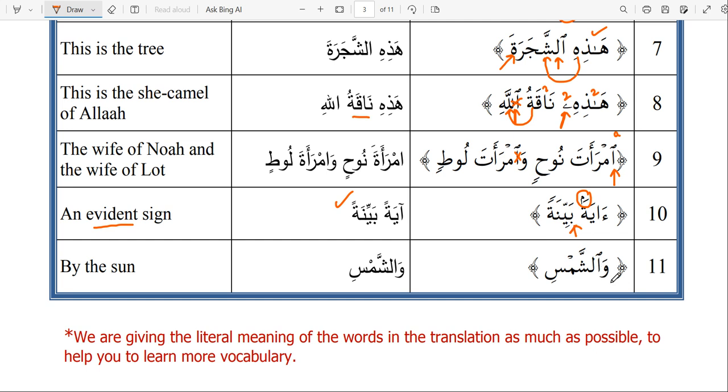Washamsi. So what do you know about this waw? The coming noun has a kasra. Washamsi waduhaha. In the surah Shams, you can see washamsi. Allah is taking an oath.